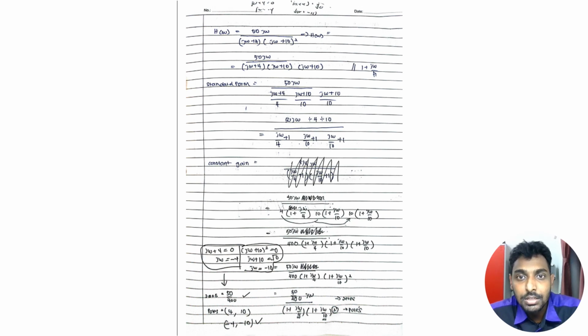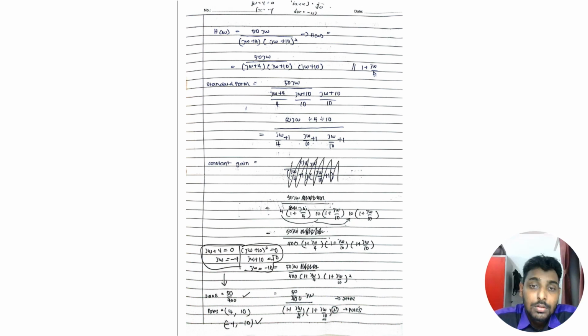Because of the power of 2, we need to change them separately like this. If we divide the denominator by 4, 10, 10, the numerator also must be divided by 4 and 10. That's the rule, so we get the constant gain like this.